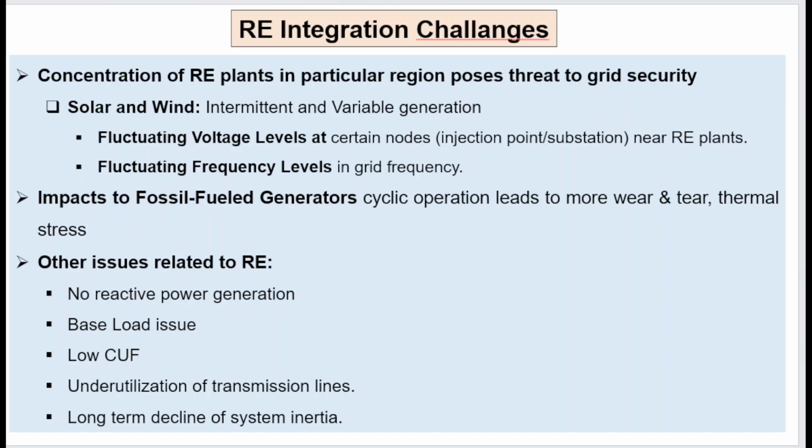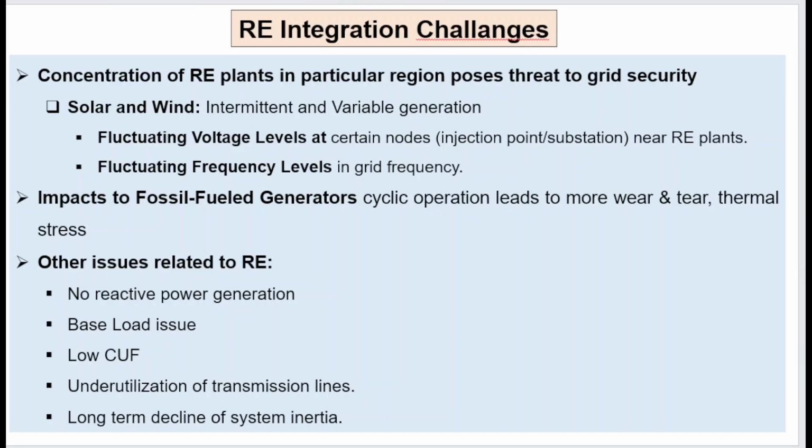So in the last lecture, we have seen that RE, renewable energy, is important to mitigate climate change. Now, this renewable energy has inherent integration challenges while integrating to the grid. We will discuss only major issues here. First one is that the major RE sources, which are solar and wind, are intermittent and variable.